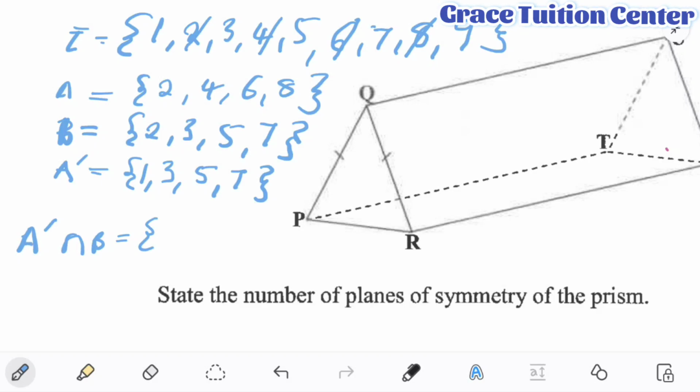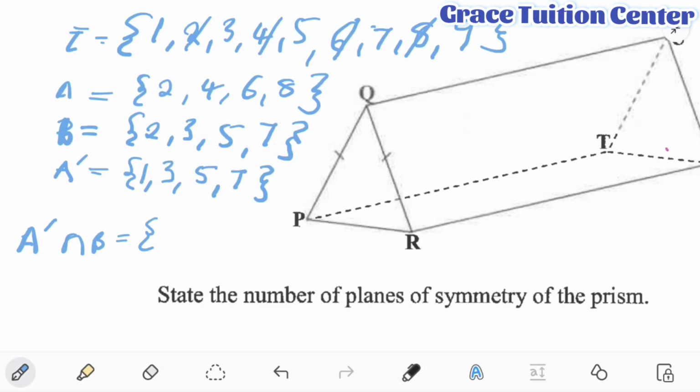What does this mean? A complement intersection B means what is found in set A complement that is also found in set B. So you can clearly see that there's this 3 here which is there, there's this 5 here which is there, and there's this 7 which is there. So these are the common elements.